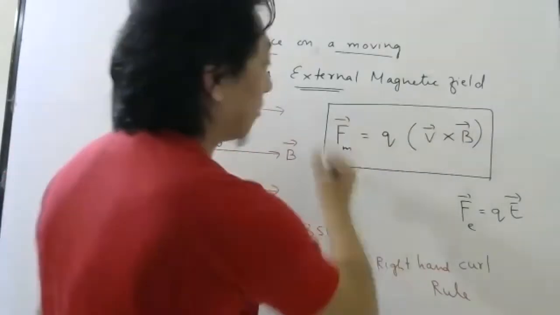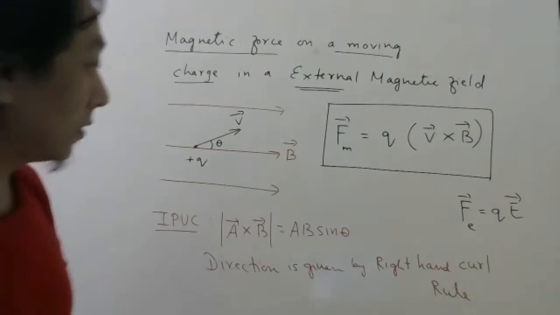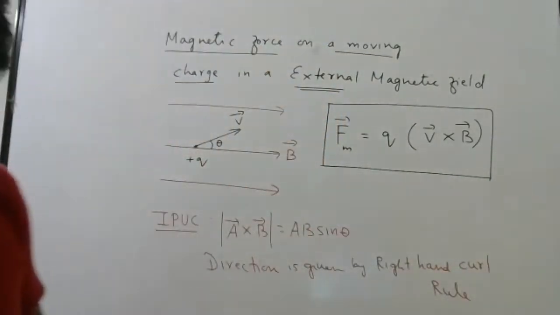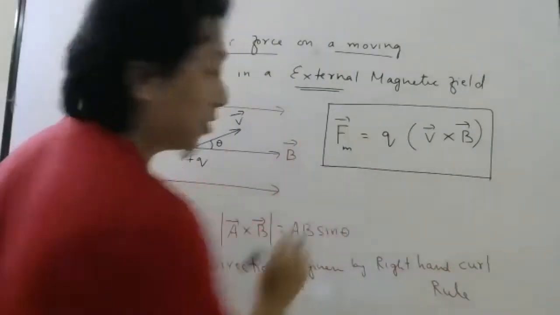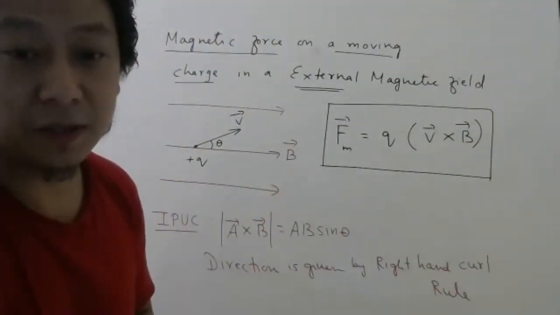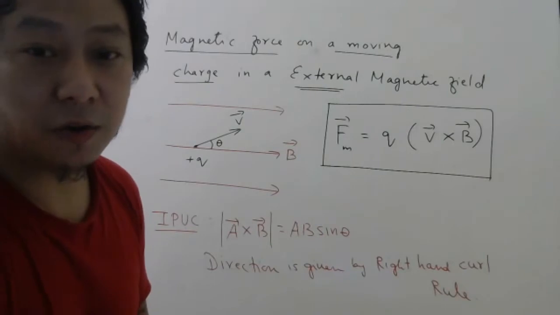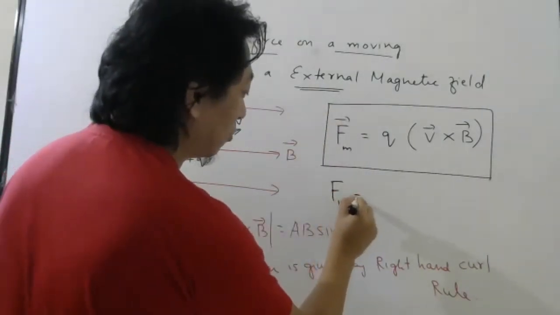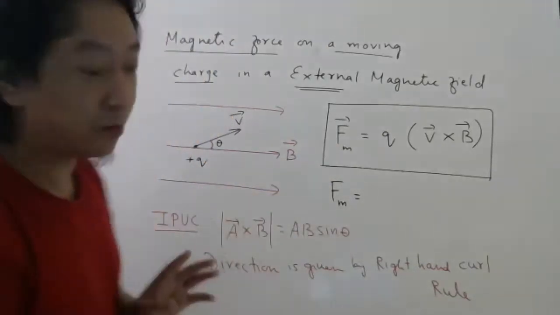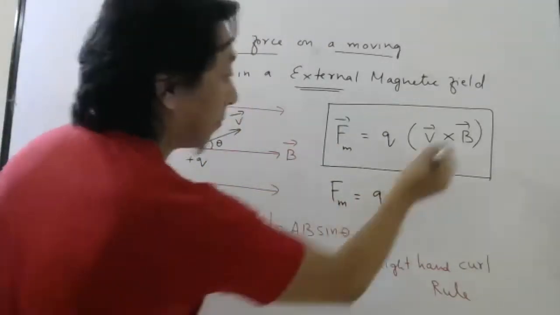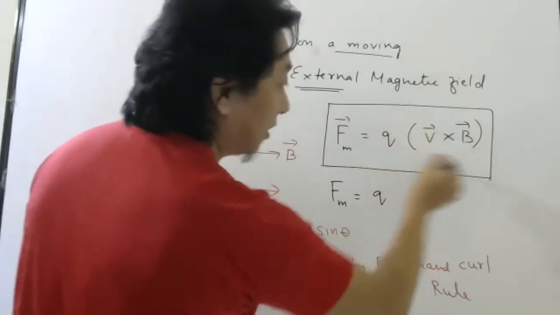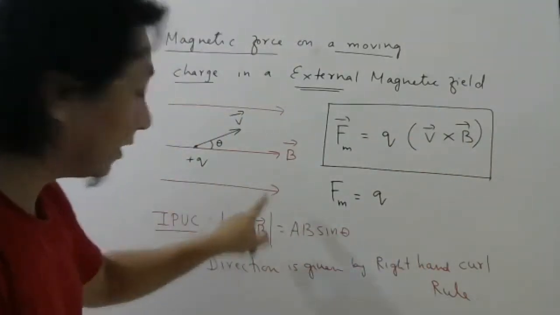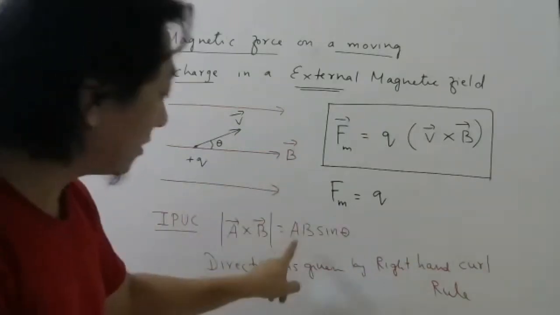So first you write the formula. Suppose you want only the magnitude. Magnitude means modulus, so without the vector sign. The magnitude will be Q times the magnitude of this cross product. For this, see the first PU formula: the magnitude of A bar cross B bar is AB sine theta.